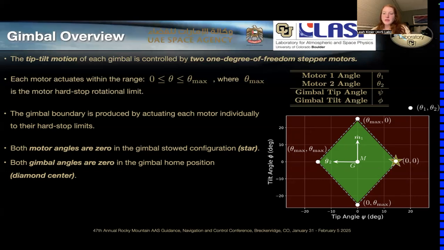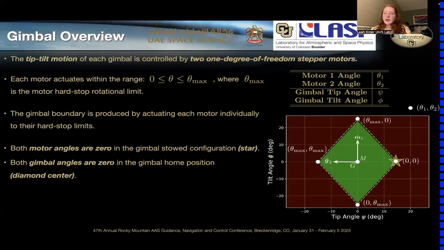So anytime we actuate one of the motors independently, the gimbal actuates parallel to one of the edges of the diamond. Whereas when we actuate the motors together, the gimbal traces an east to westward path. So if we only actuate motor one, then the gimbal moves along a path that is parallel to the northeastern and southwestern edges of the diamond.